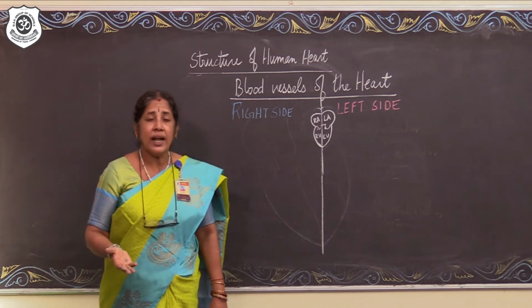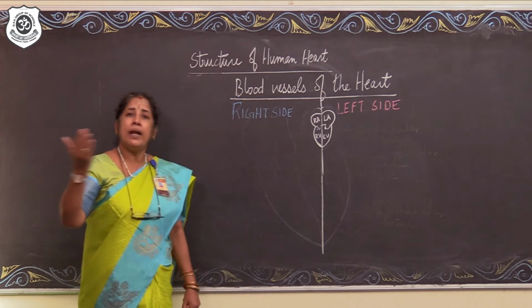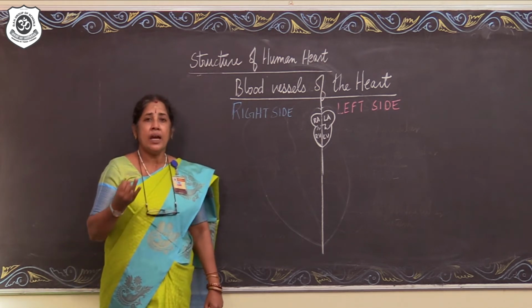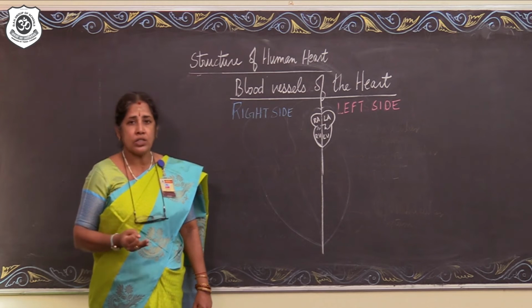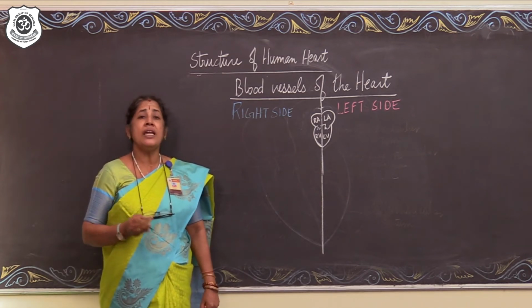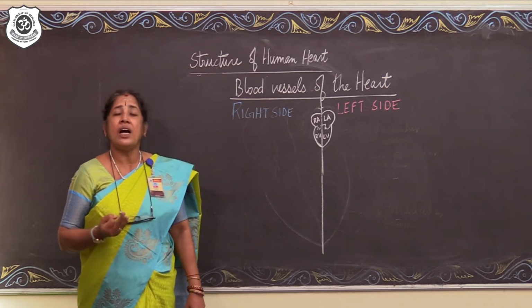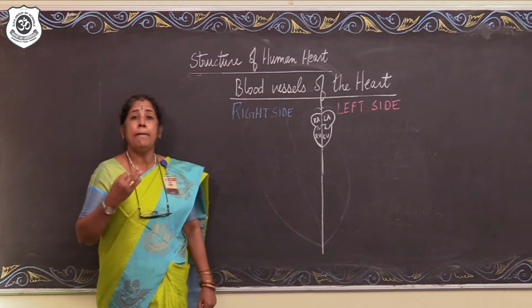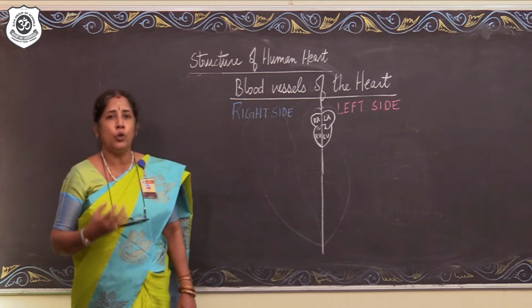The veins, on the other hand, are the blood vessels that bring the blood back to the heart. They are usually carrying deoxygenated blood with the exception of the pulmonary vein, and usually they are thin walled, which are distensible because they are carrying blood under low pressure.